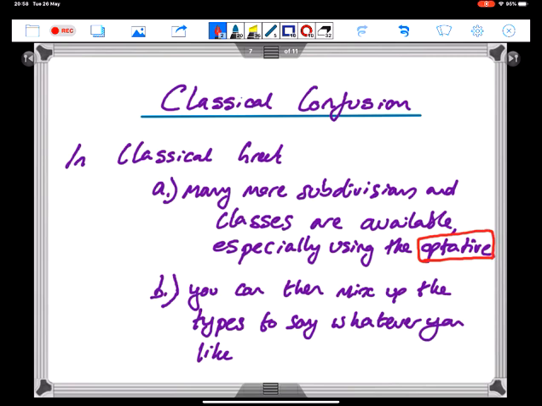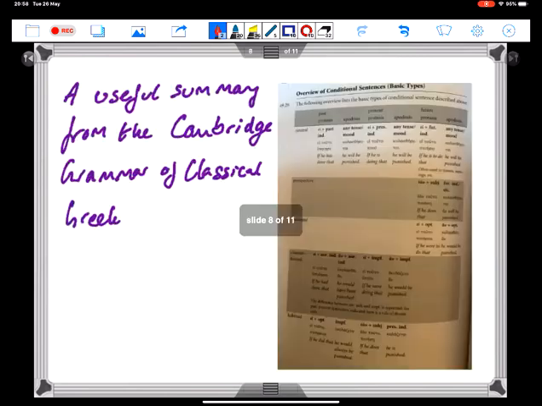But also, having structured exactly what you can and can't do, you can then mix and match different kinds of protasis and apodosis to say exactly whatever you want. So we learn the rules for conditionals, but then when we actually meet a text, we have to just think, okay, there's a word for if, what is this text trying to convey, and what is the balance of probability, likelihood and time in this, and how is that reflected in the grammar?